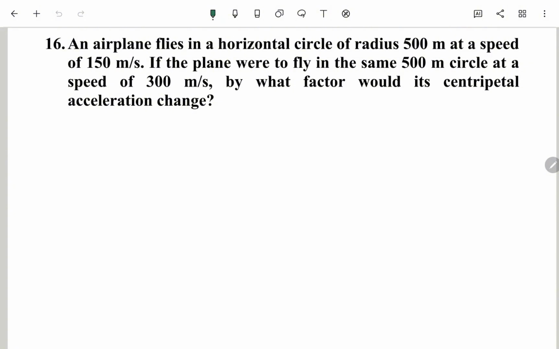Let's calculate the centripetal acceleration in stage 1, which is equal to v squared over r, or a1 equal to 150 squared divided by 500. Now a1 equals 45 meters per second squared.